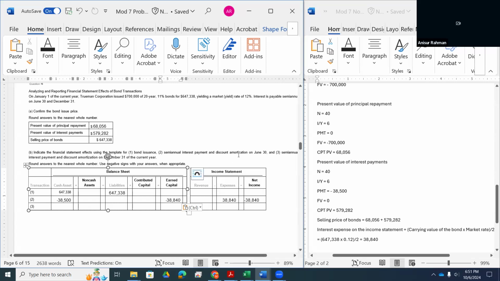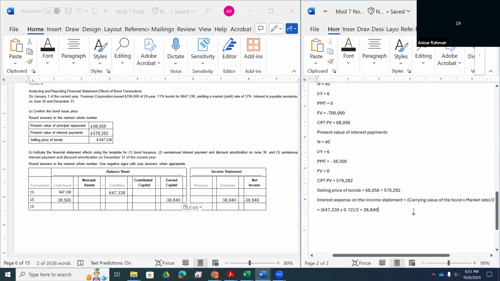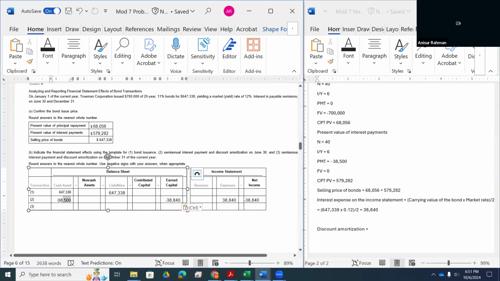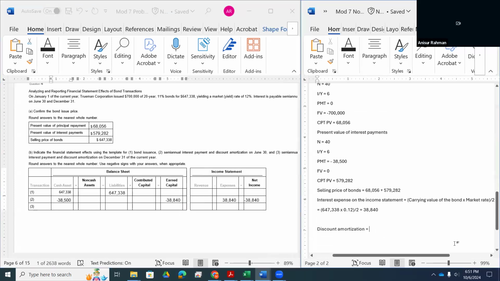That is coming from the discount amortization. So our discount amortization will be this negative 38,500. And then minus 38,840.